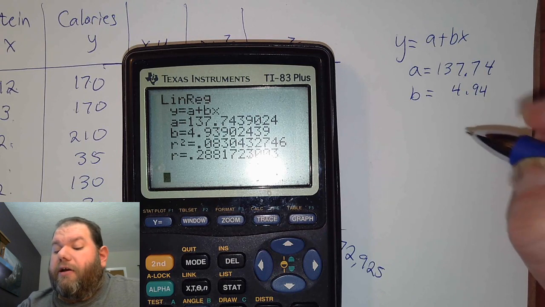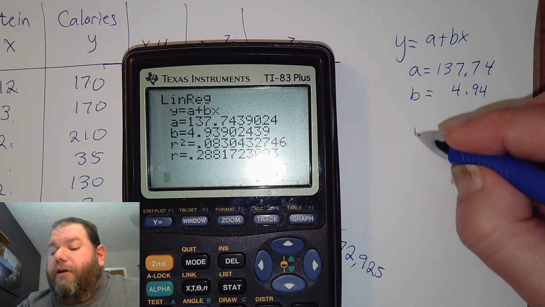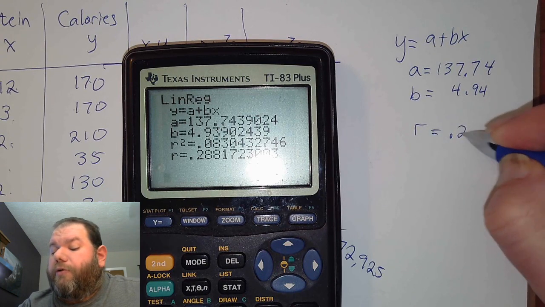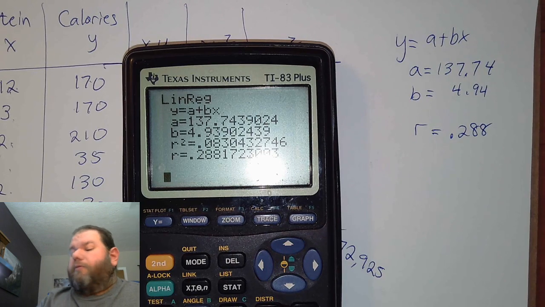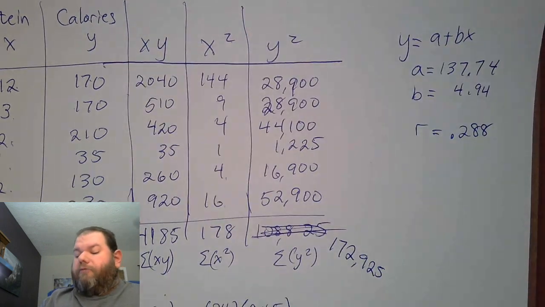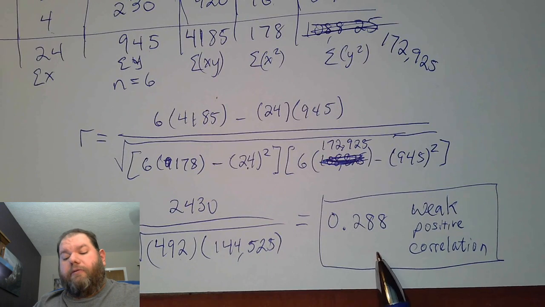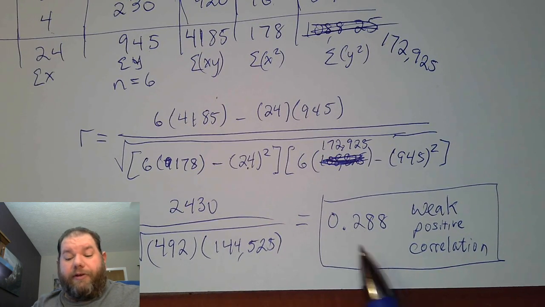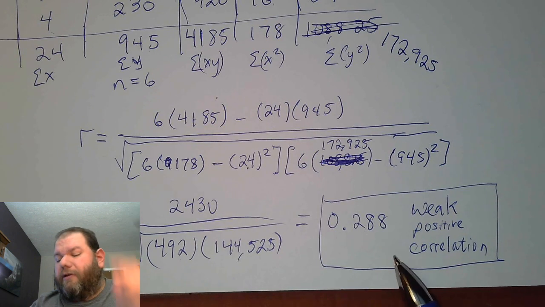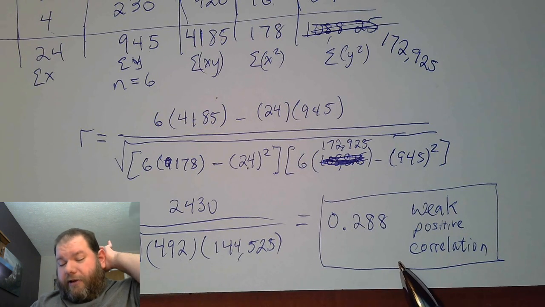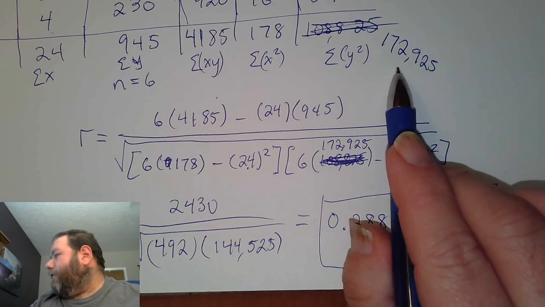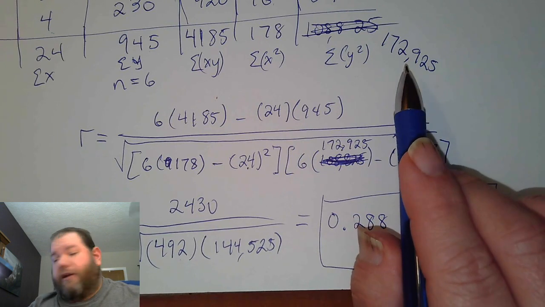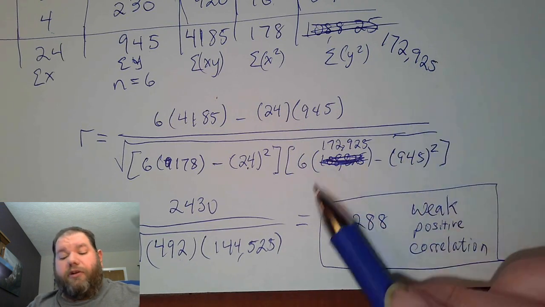It gave us r squared, but more importantly, it gave us r is 0.288. Now, that is what we calculated, yes. So that means now we have it correct. There's no way to get this number without getting everything else right up to that. So this is also kind of reassuring that after I fix that one mistake, and thank you for letting me know, we got the right number.